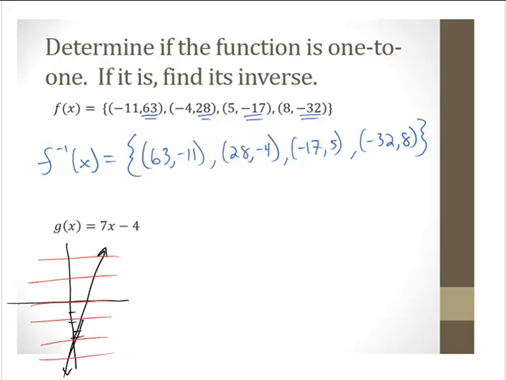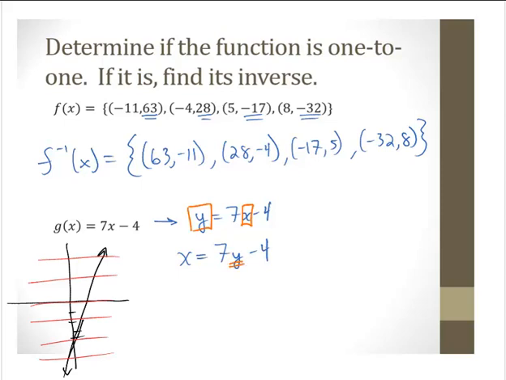All right, so now, how to find its inverse? Here's the procedure we'll use. First thing we do is replace the g of x with y. So I'm going to rewrite this as y equals 7x minus 4. Now, we want to find the inverse, so we will invert the variables. I'm going to rewrite this as x equals 7y minus 4. Now, I'm going to solve for y.